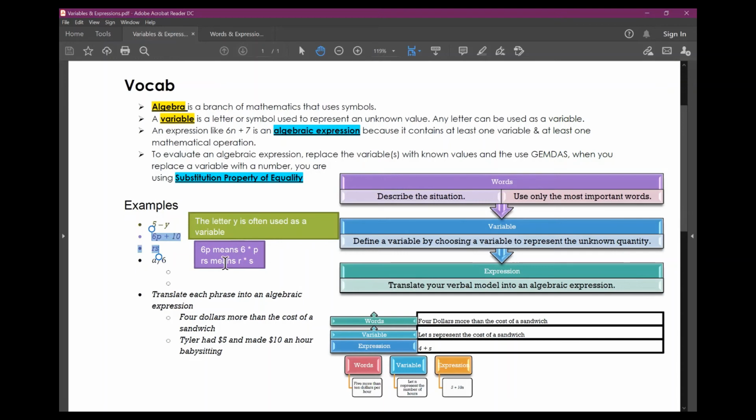Like I said on Monday, 10r is the same thing as 10 times r.